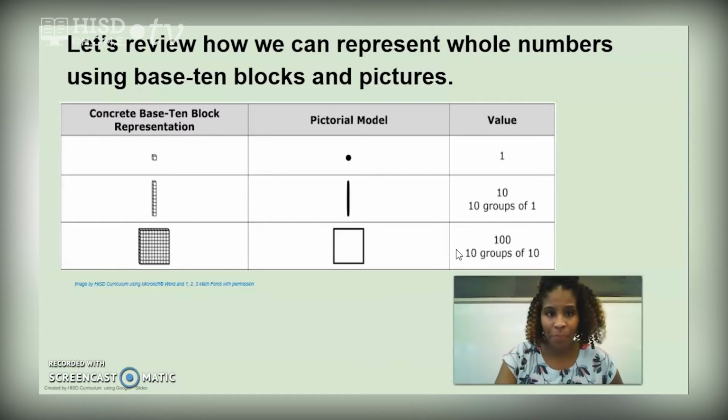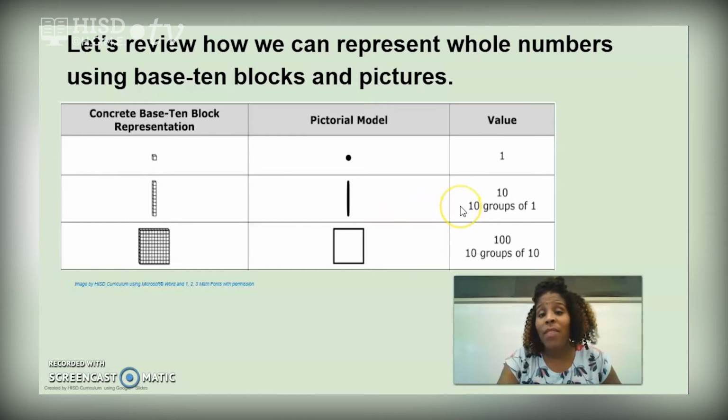Let's review that again. In class with your teachers, you use base 10 block representation. We have a small cube here. As a pictorial model, when we draw it out, we're going to use a dot. The value of that is going to be 1. We also have a rod. That one rod, when we draw it out pictorially, will be a tally mark.